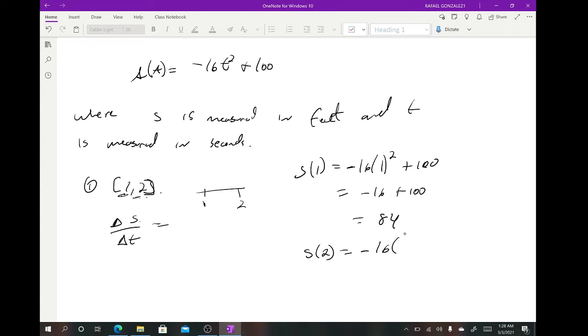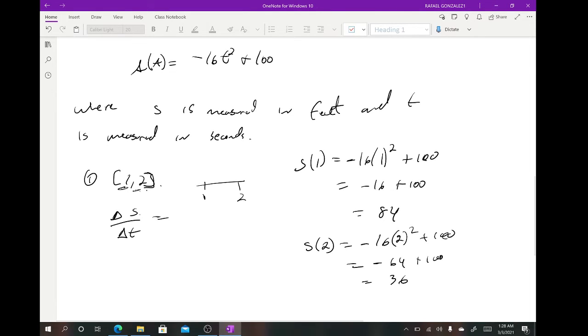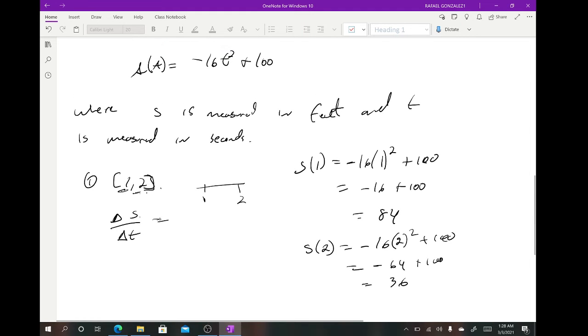After 2 seconds, the position of the ball is negative 16 times 2 squared plus 100, and 2 squared is 4, minus 16 times 4 I believe is 64, so it's really minus 64 plus 100. So 100 minus 64 should be 36. Yeah, 36. And now we can actually figure out what the average speed is, the slope.